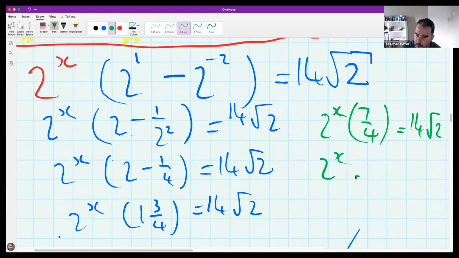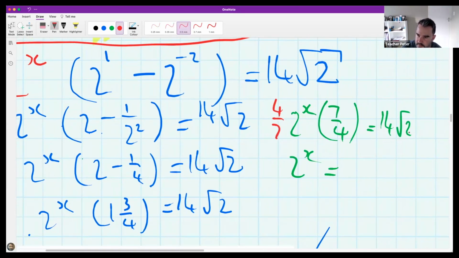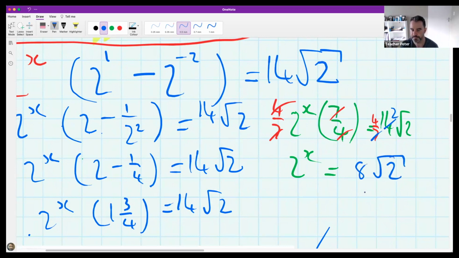If I times both sides by 4/7, then that's going to cancel out and I get 2 to the x. And what am I getting here? Well, 14/7 is 2, and 4 times 2 is 8 root 2.